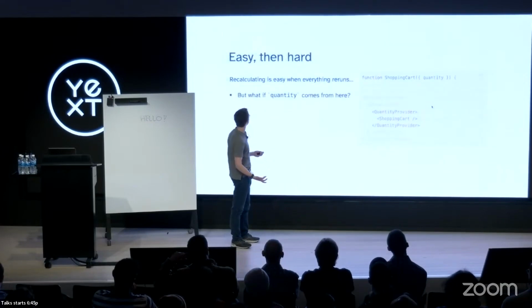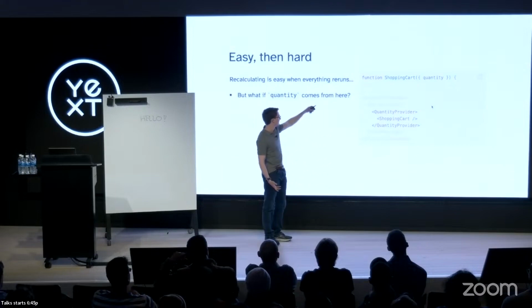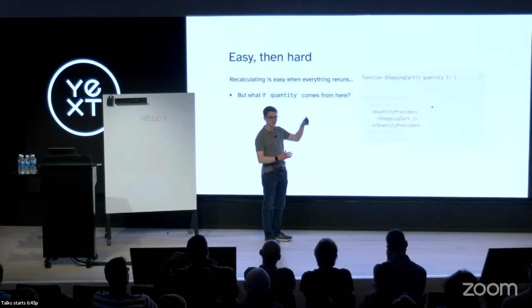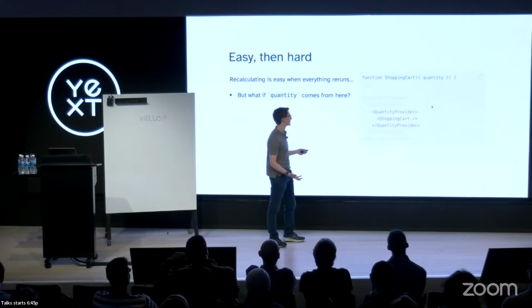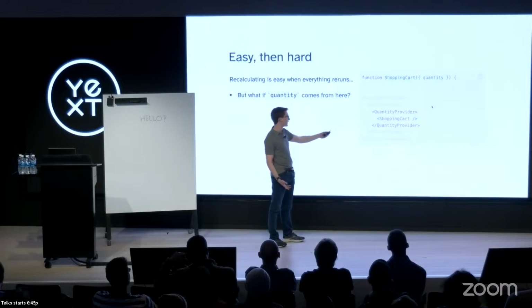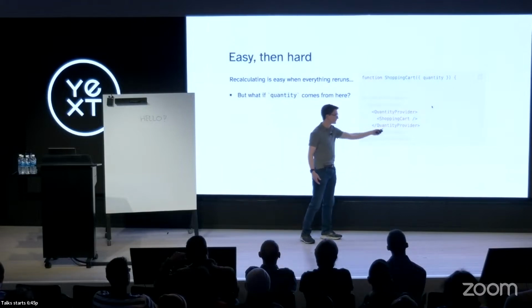But of course, what if quantity is coming from somewhere higher up? Anyone in here might have worked with Redux or GraphQL or something else that has more hoisted state. If you're dealing with that, then maybe you have a provider that is providing all of that state that you're rendering on the page, passing it down as a prop, which of course means that if the quantity ever changes somewhere down in the UI, it's going to rerun everything in this box.